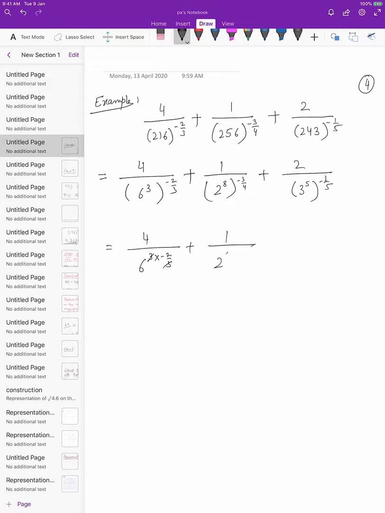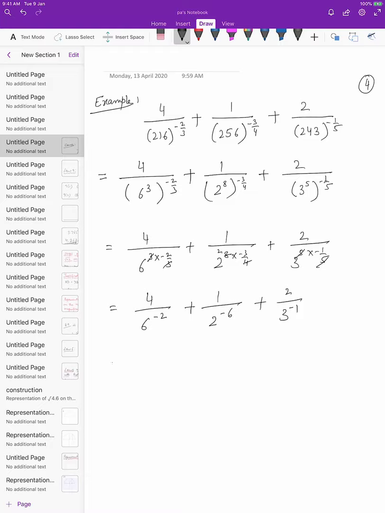Here it is 2 raised to the power 8 into minus 3 by 4. So 2 to the 8, and here 3 raised to the power 5 into minus 1 by 5. So that gives you 4 upon 6 raised to the power minus 2 plus 1 upon 2 raised to the power minus 6 plus 2 upon 3 raised to the power minus 1, because 5 and 5 will also get cancelled.